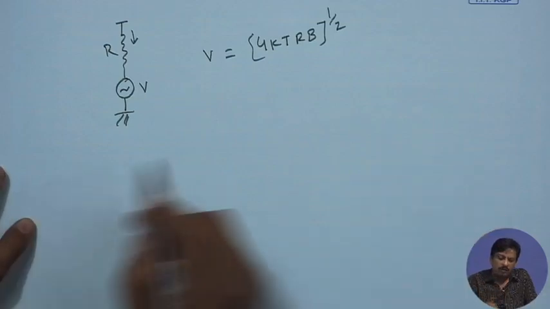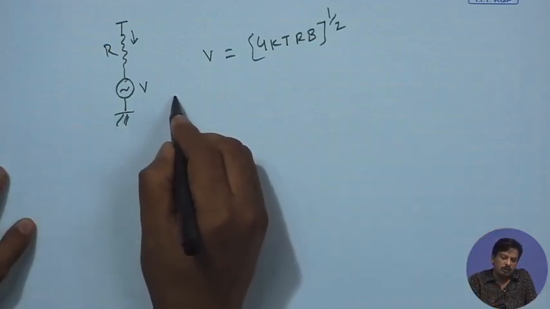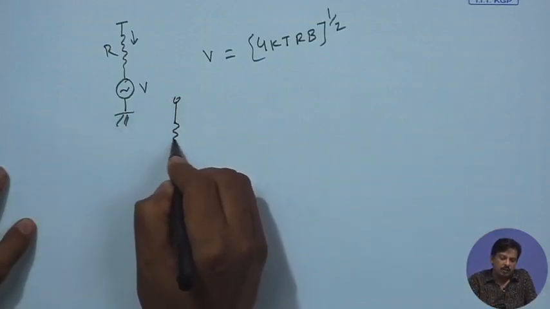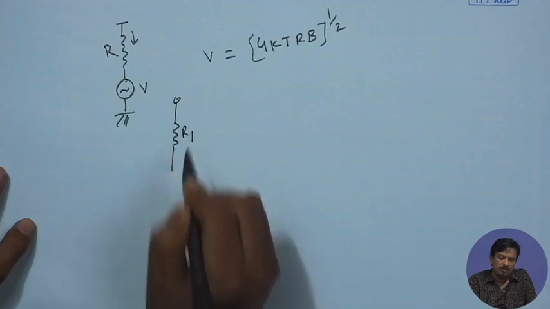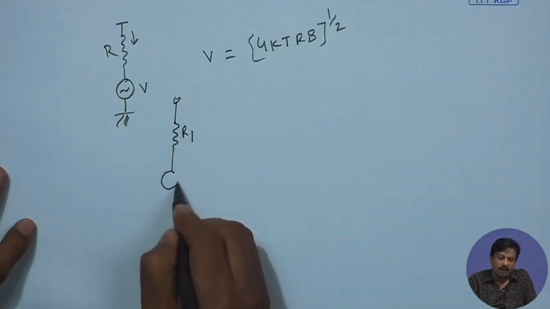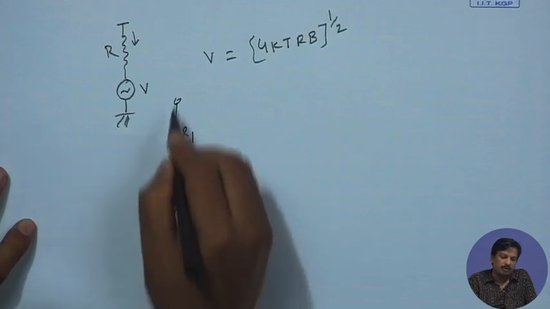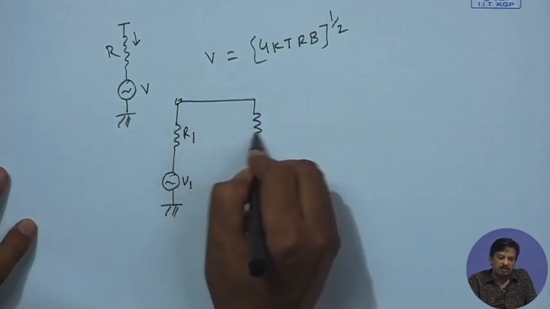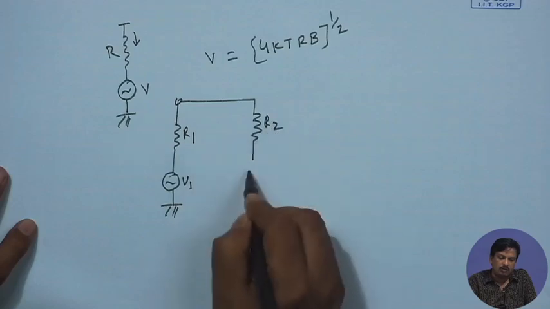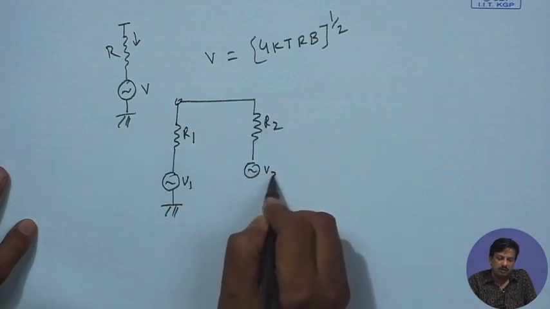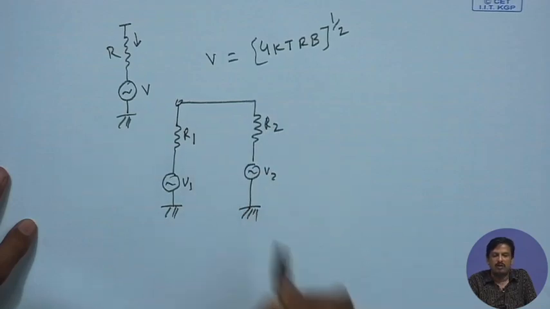Okay. Now, consider the case of a microphone. A microphone has output resistance R1 and a Nyquist voltage source V1 for the thermal noise. Similarly, the input resistance of the preamplifier is R2, with a Nyquist voltage source V2 for the thermal noise.